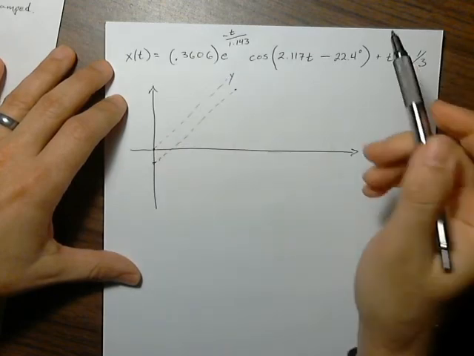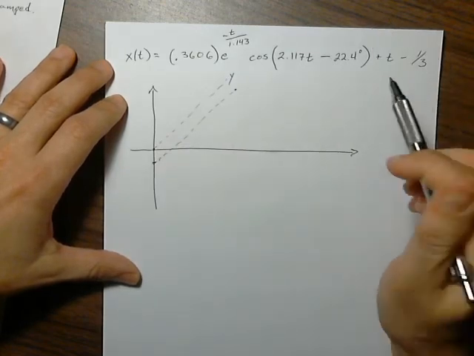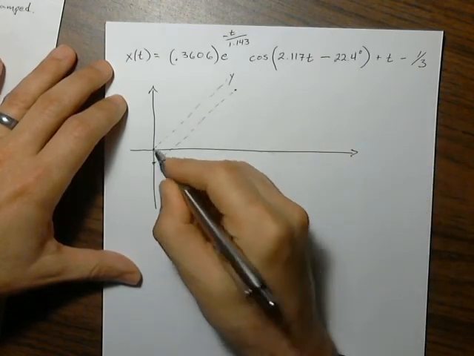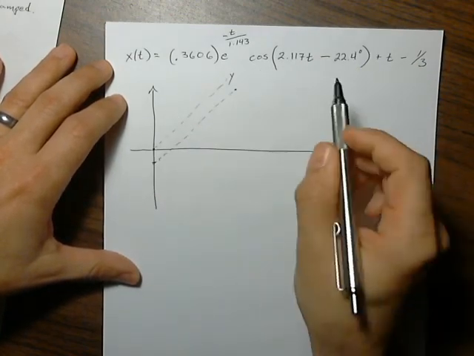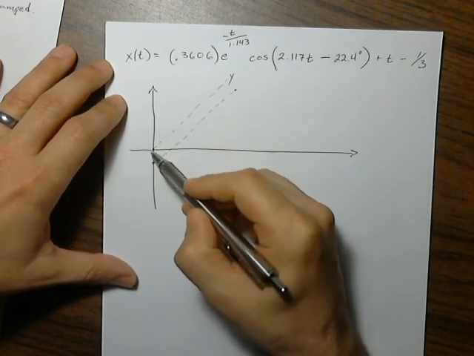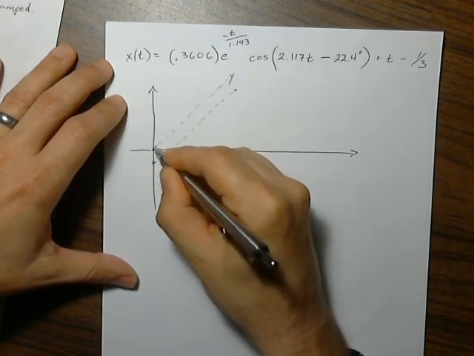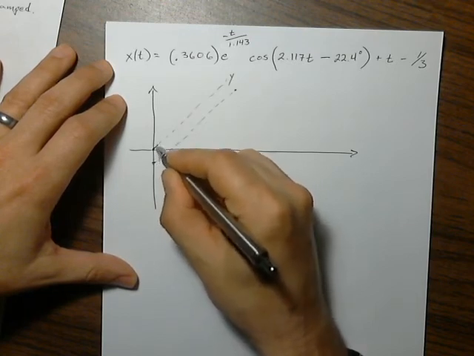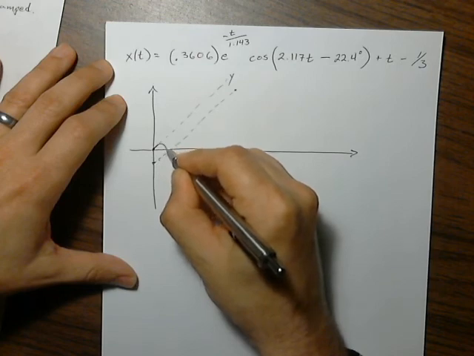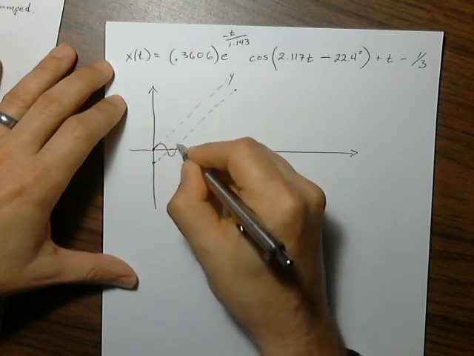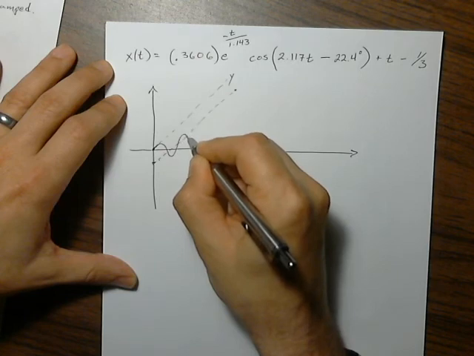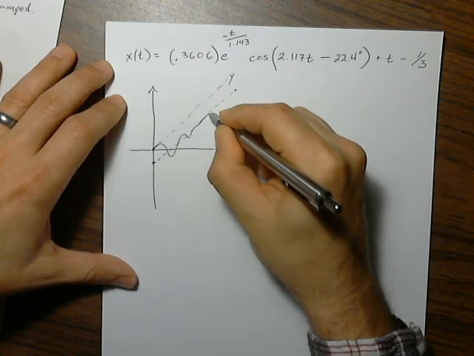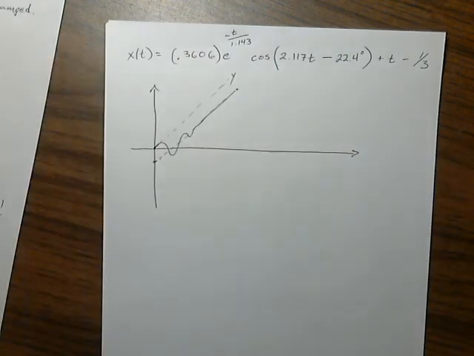And at time 0, this should evaluate to be 0. So we should be able to show that. If that's the case, then the solution would look like this. It would start at 0 with an upward slope of 1, and would then oscillate about this response, like that.